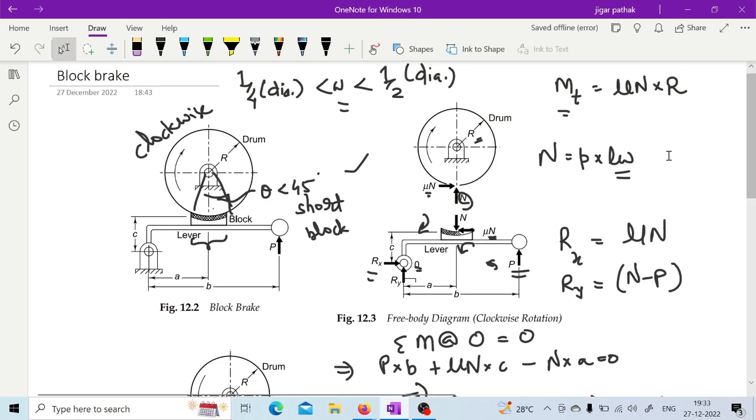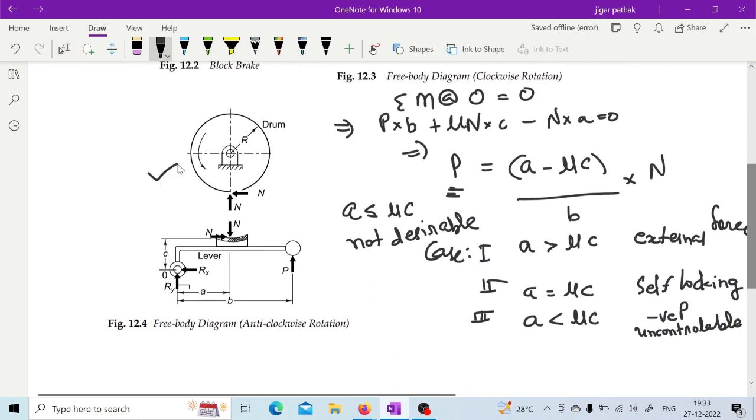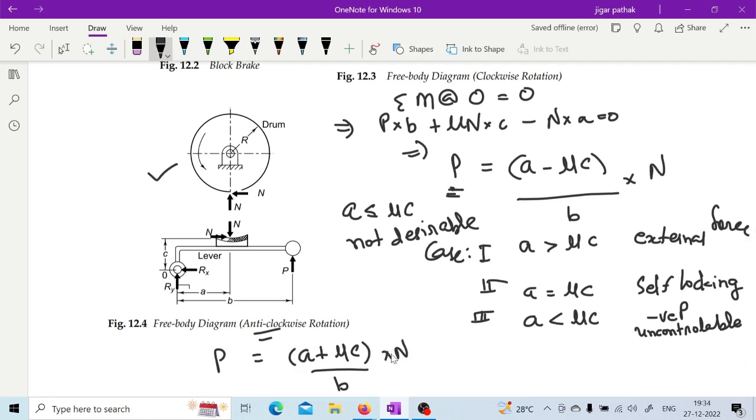If it is anti-clockwise, as mentioned in this particular figure, then this force will be given by (A plus mu C) upon B, into N. So this again you can derive by considering all these forces acting and taking equilibrium of forces and equilibrium of moments. So up to this it is clear.